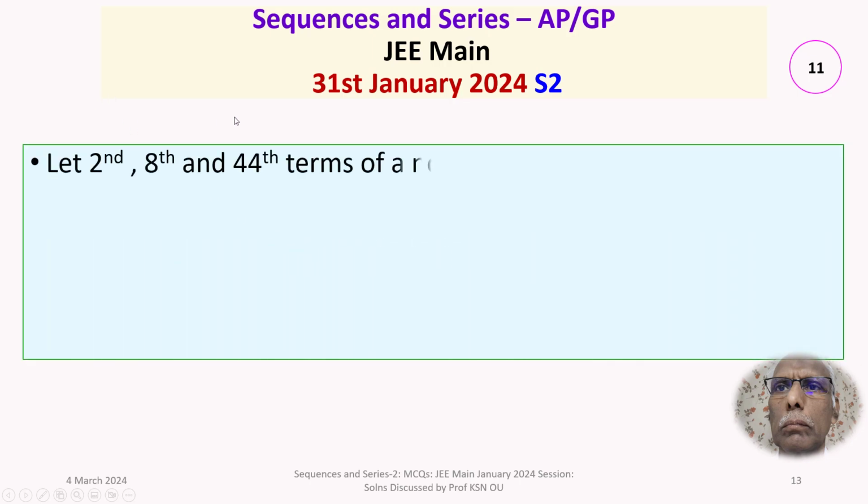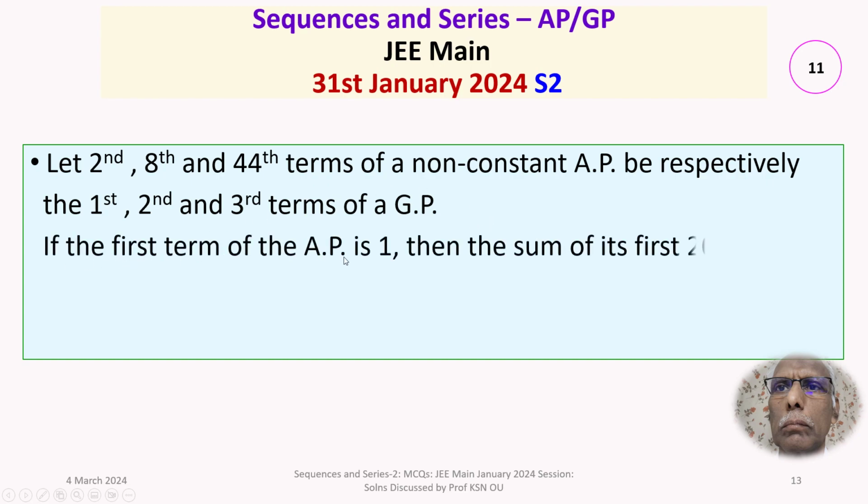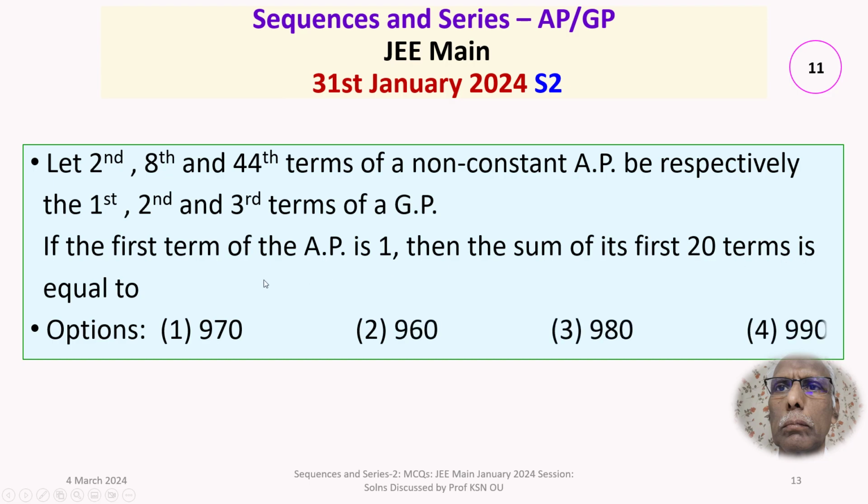The given question is: let the second, 8th and 44th terms of a non-constant arithmetic progression be respectively the first, second and third terms of a geometric progression. If the first term of the arithmetic progression is 1, then the sum of its first 20 terms is equal to, and we are given 4 options.